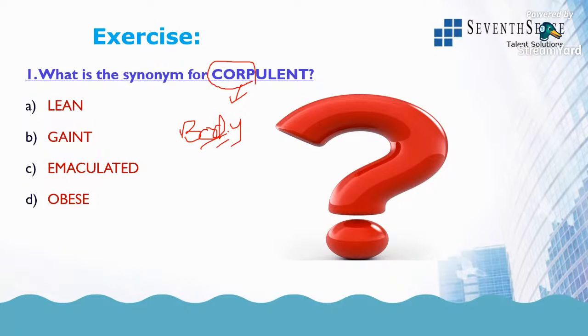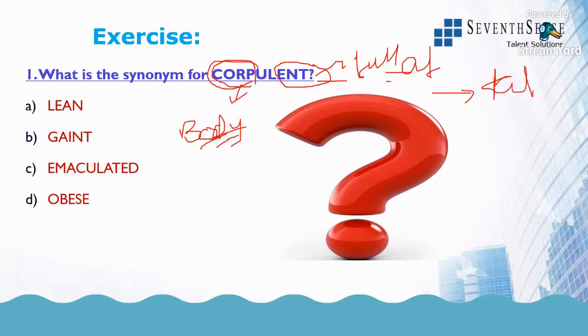See here, ent is a suffix which indicates full of, right? Body full of. The root word corp is body, and the suffix ent means full of.